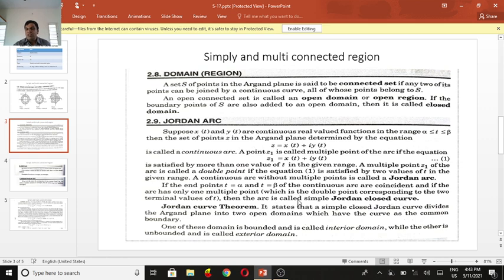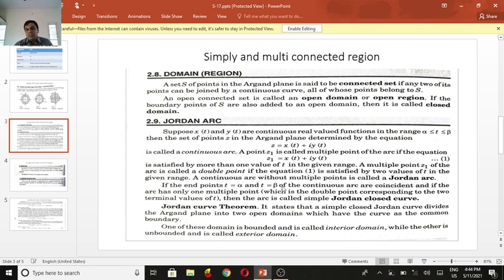If it is not single-valued, it is not a Jordan curve.